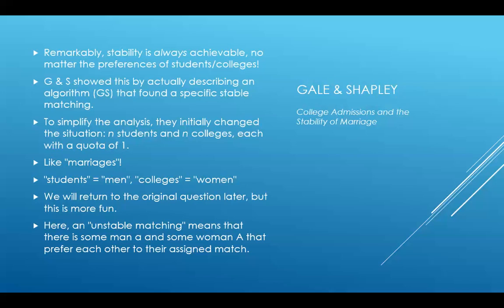So a stable assignment of marriages is one that avoids all possible instances of that, okay? Okay, this is clearly more interesting to think about. It sounds like the stakes are much higher when you're talking about marriages, right? An unstable matching in this context means that there is some man alpha and some woman A that prefer each other to their assigned match. Yes? Okay.